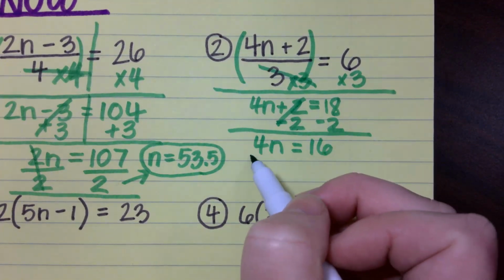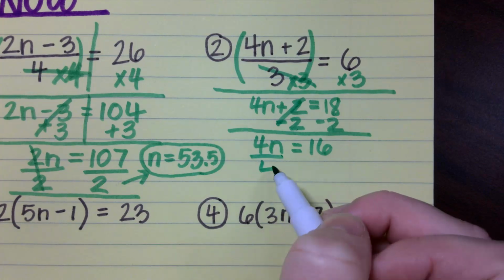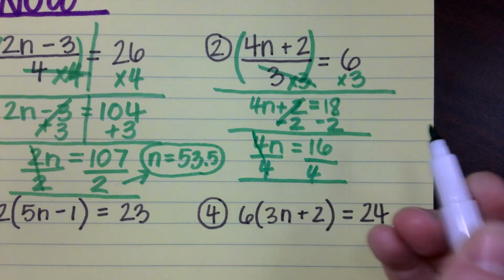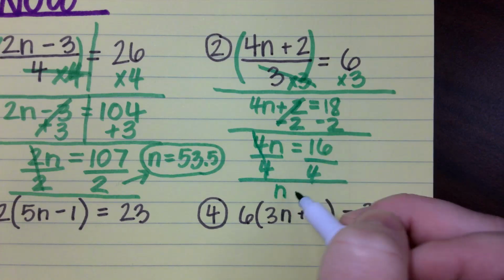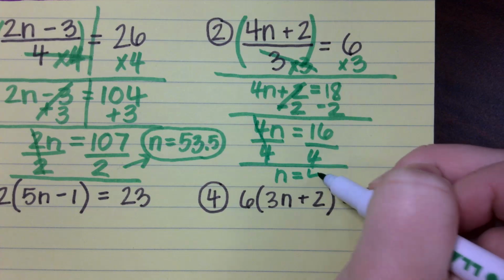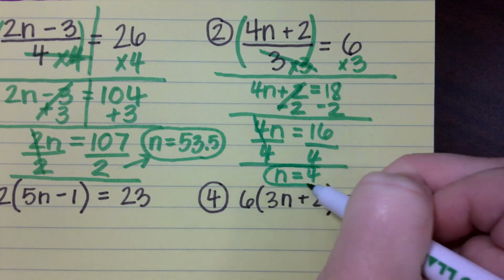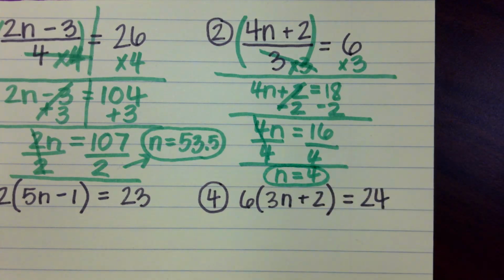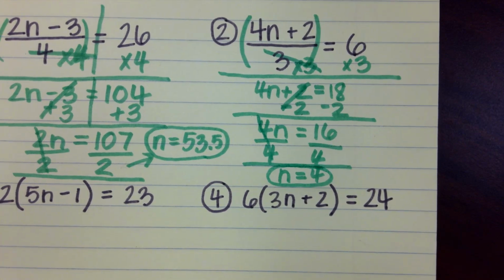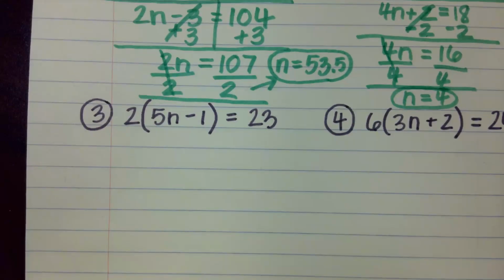Perfect. We're going to divide by 4 to get rid of the multiplication problem. So we are left with n equals what? 4. All right, did everybody get that one? Yep. Awesome. Any questions about 2 before we try 3? Okay, let's move on then.